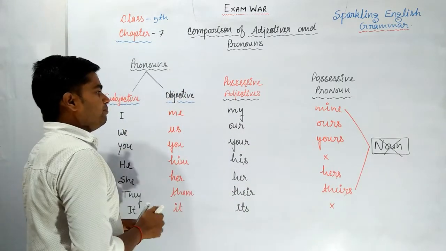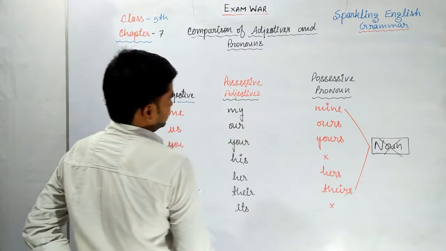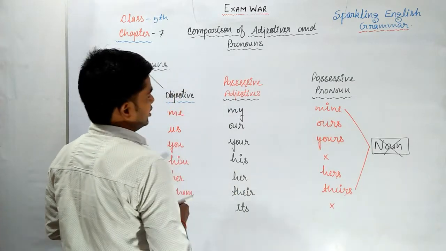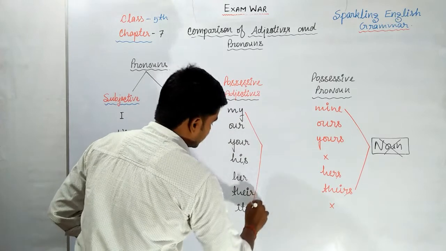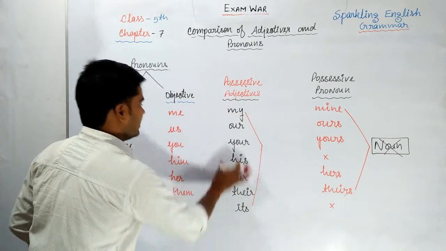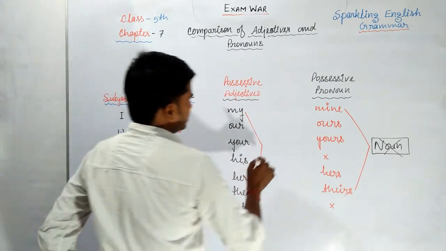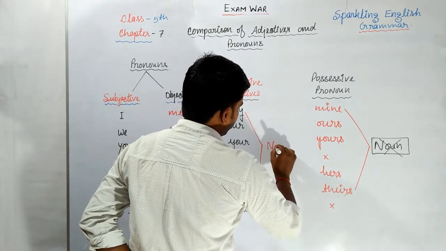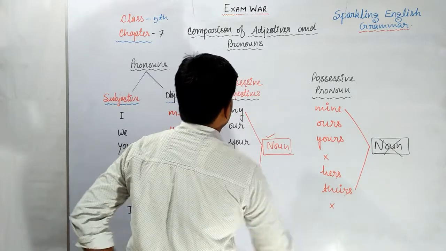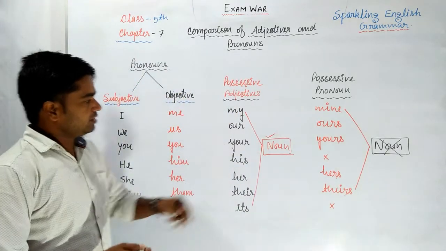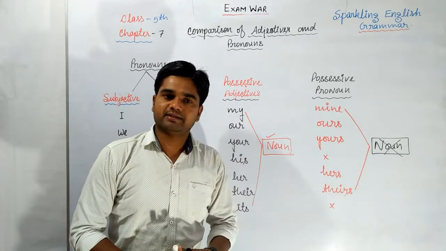So case number 2, possessive adjectives, just the opposite of possessive pronouns. Dear students, when we use any possessive adjective, in that case we must use a noun just after this possessive adjective. So here are two opposite cases.